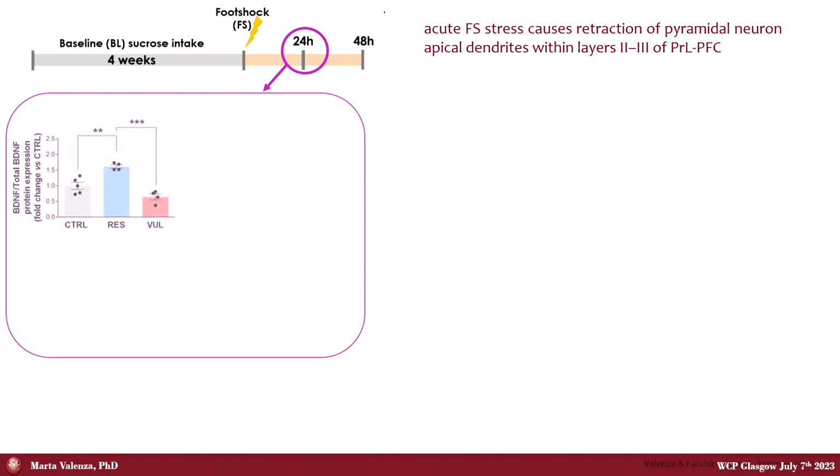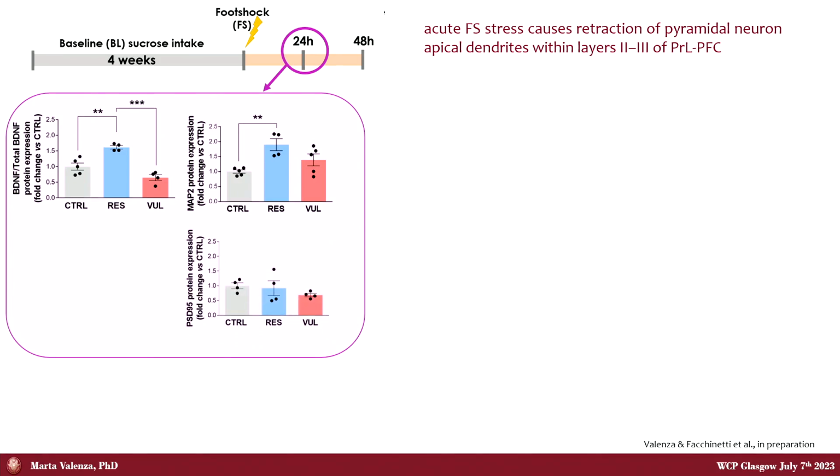So we delved deeper, and we measured at 2 time points, 24 hours and 48 hours after stress, the level of the neurotrophin BDNF, and we saw that the vulnerable group have a significantly lower neurotrophin expression, and actually the resilient rats had a higher level of this neurotrophin, and also a higher level of the dendritic marker MAP2, showing a positive response to the acute stress.